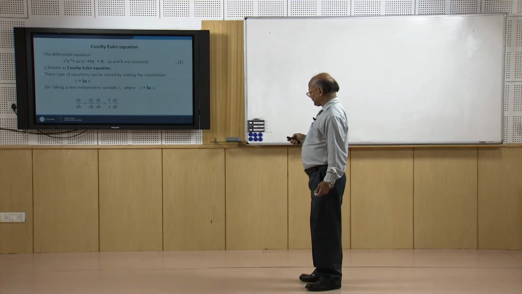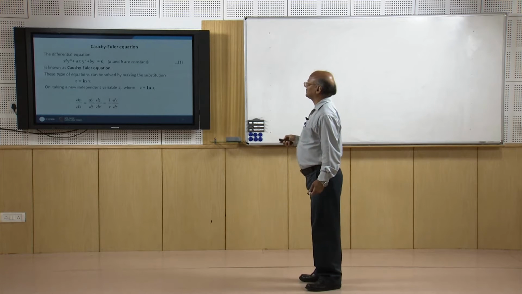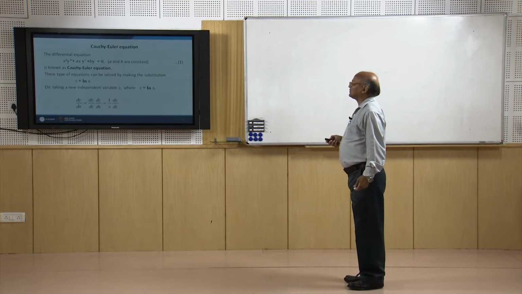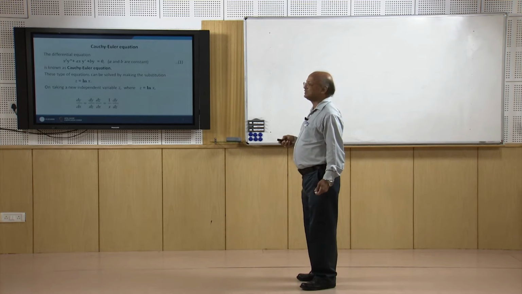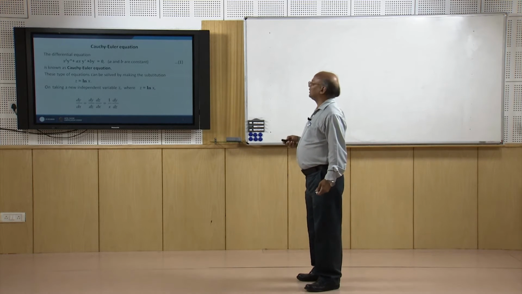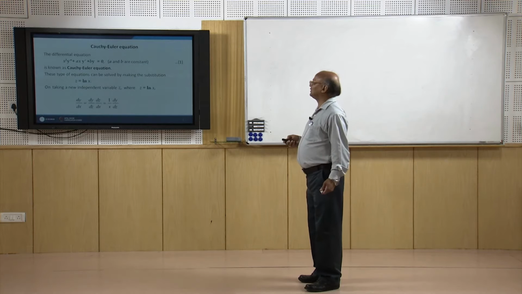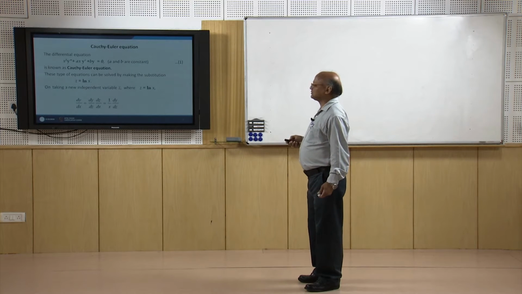This is a homogeneous case of the Cauchy Euler equation. Now such equations can be reduced to linear differential equations with constant coefficients, and we know how to solve a linear differential equation with constant coefficients.